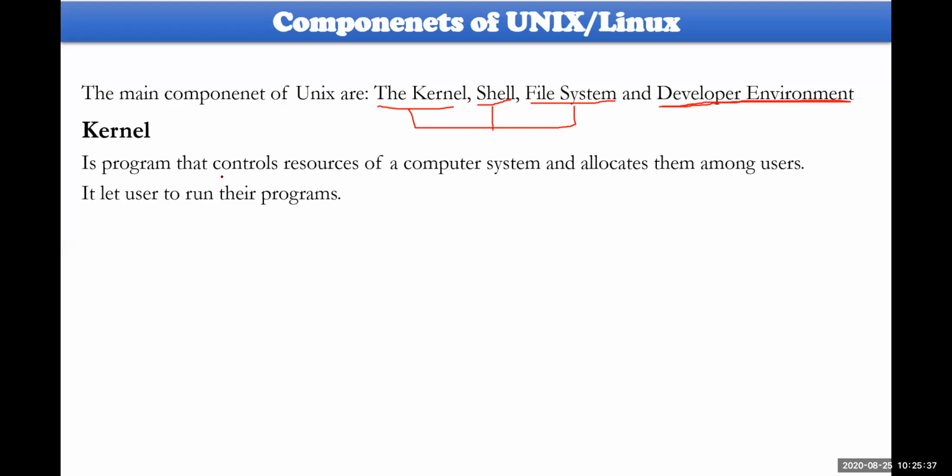You may already have studied something about semaphores, memory management schemes, or CPU scheduling schemes. I believe all these things have been completed in your operating system course. So some controlling could be there, and that controlling is done by the kernel in any operating system, even a distributed kind of operating system.